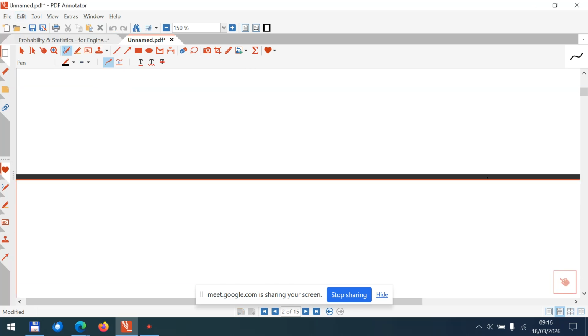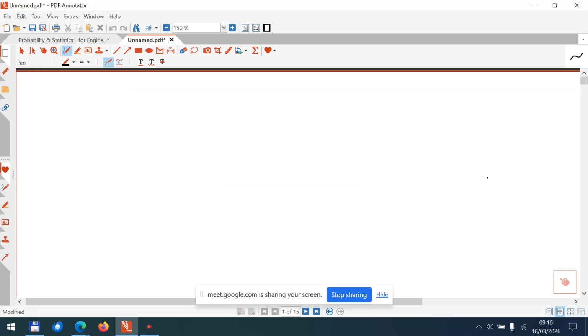My question is this: when we had the PDF, or let's say a discrete random variable, I don't even need to say discrete or continuous.